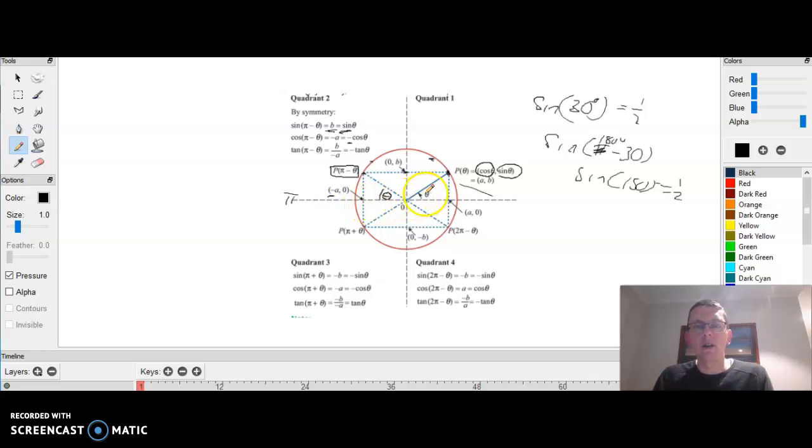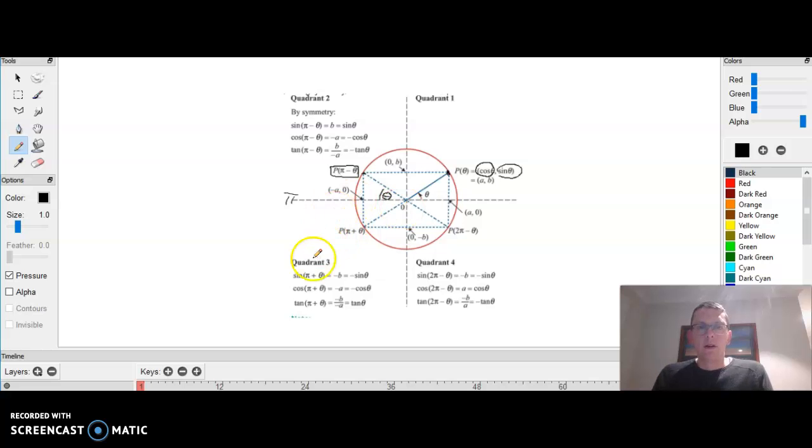So we're starting to look at how these all relate with each other. If we move down to the third quadrant, what will happen there? If I've got an angle theta, sine theta gives me my height here. If I go from pi and add that angle on, whereas before we were taking it away, this point here is going to be pi plus an angle.